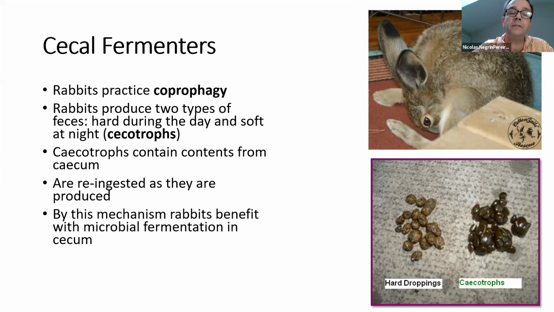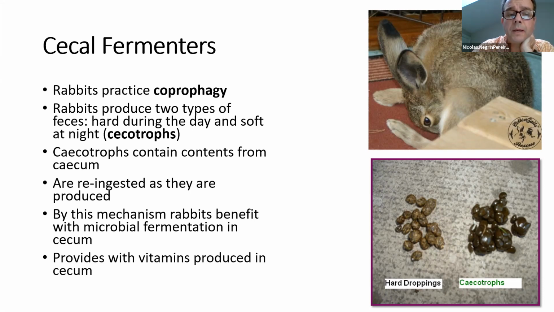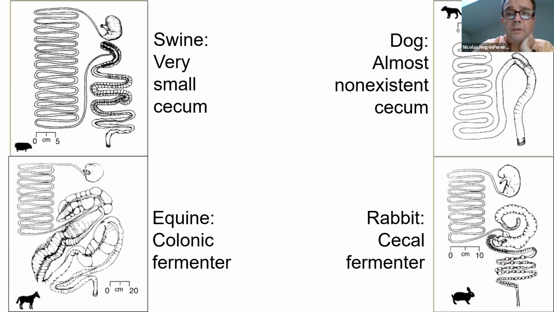And by this mechanism, the rabbit reabsorbs those nutrients and vitamins that would be lost because of the regional situation of the cecum and the colon. So these animals will benefit more from the microbial fermentation, and they will acquire the vitamins that are mainly produced in the cecum that otherwise would be irremediably lost.